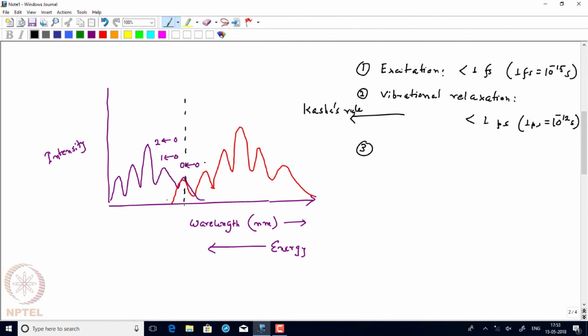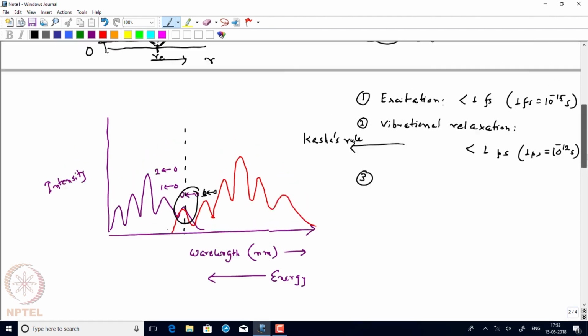Let me just write it like this. So these transitions both are 0,0, absorption and emission. So this transition will be 0 in the vibrational, 1 in the vibrational state, say for example, and 0 in the excited electronic state. This is the emission spectrum or the fluorescence spectrum.